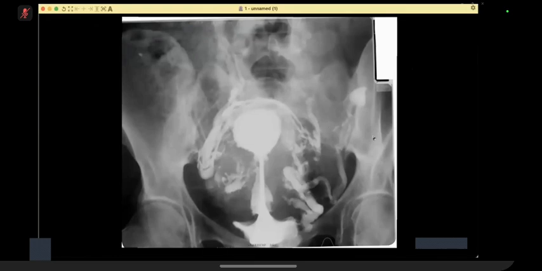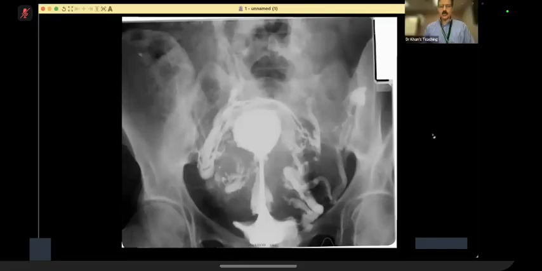Yes, this is a histogram. I can see the hysterosalpingogram. I can see the fallopian tubes are markedly dilated. So you feel that this is a fallopian tube?